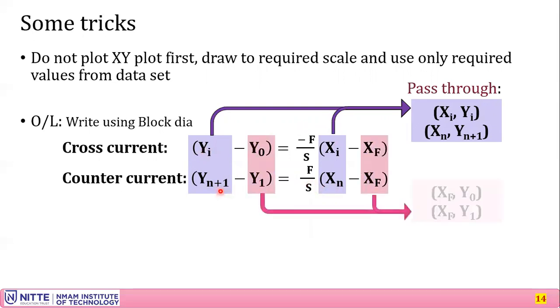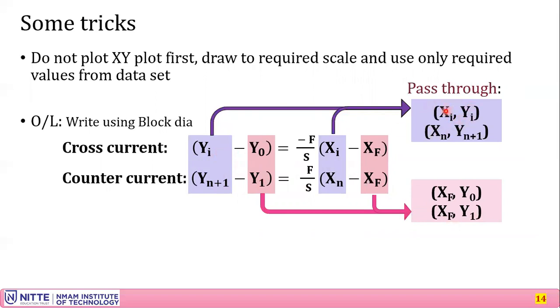There is another point through which the line passes. So if you have to draw the line, xi yi is one point, y naught xf is another point. Here yn plus 1 and xn is one point, yn and xf is another point. So you should be able to find this set of data.